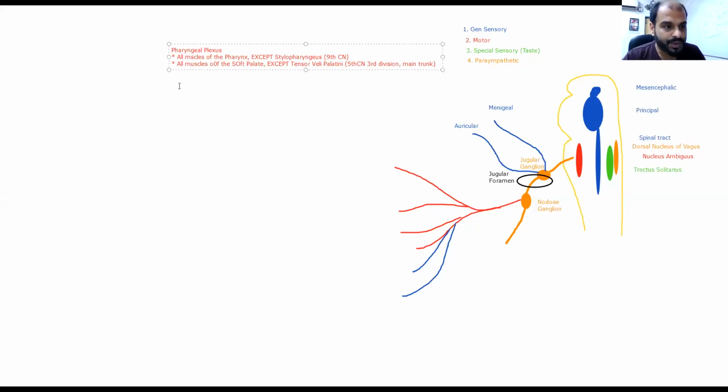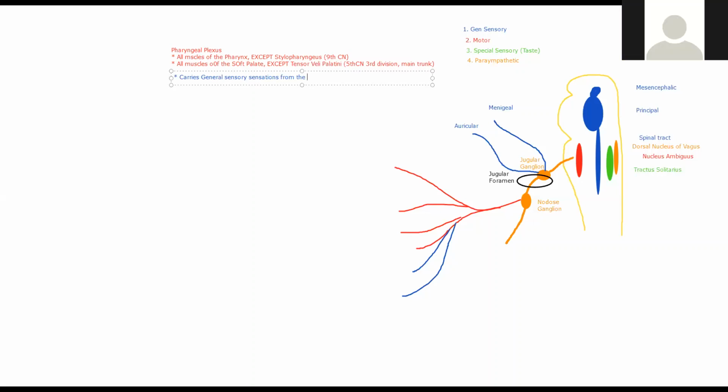Now, the pharyngeal plexus is partly sensory also, so it will be giving some sensory supply. The third point, we should write it in blue color: it carries general sensations from the laryngopharynx.